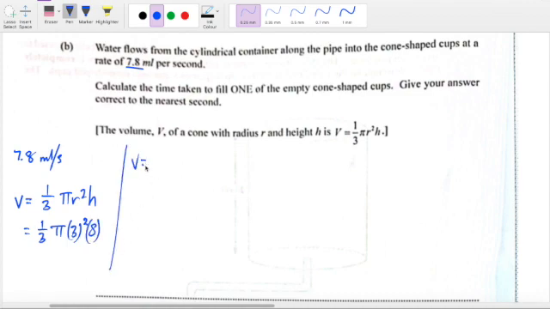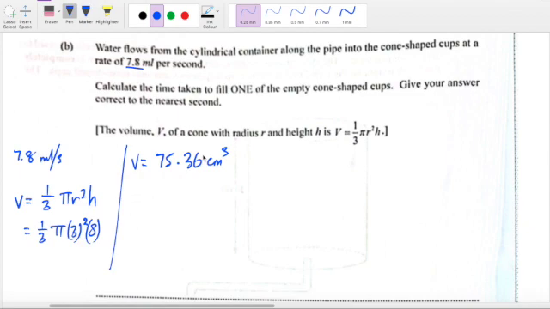So V is going to be 3 squared is 9 times 8 is 72, divided by 3 is 24, multiplied by 3.14, and that is 75.36, and this will be in centimeters cubed.